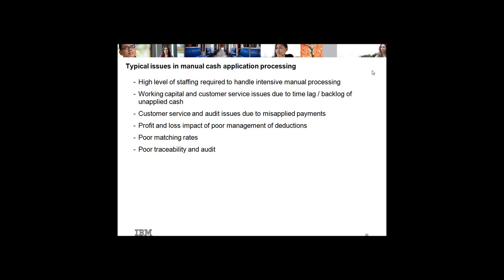So staff are faced with very large and complex invoices that need to be input into ERP applications, and things take a long time and are prone to error. That's certainly a major issue that we see across our clients. Frequently, we'll see customer service issues associated with time lags or backlogs of unapplied cash. People think of cash application ordinarily as a relatively simple and straightforward process.